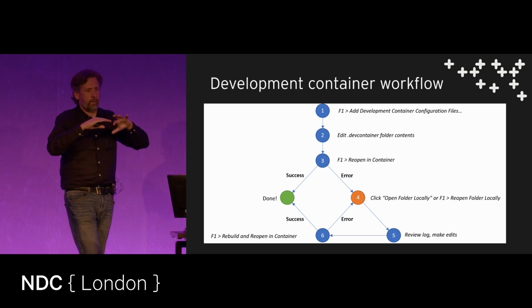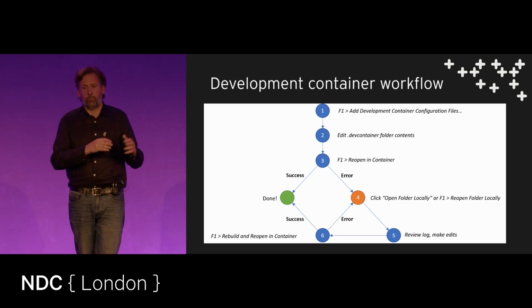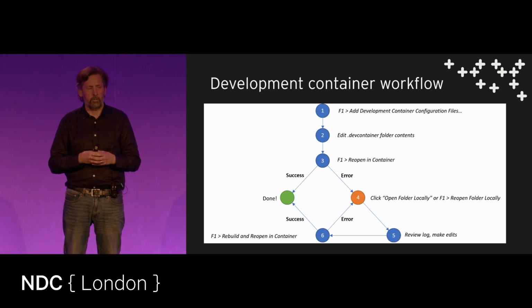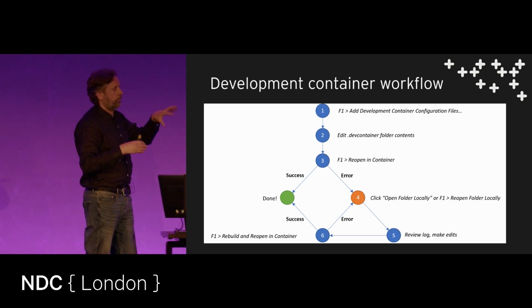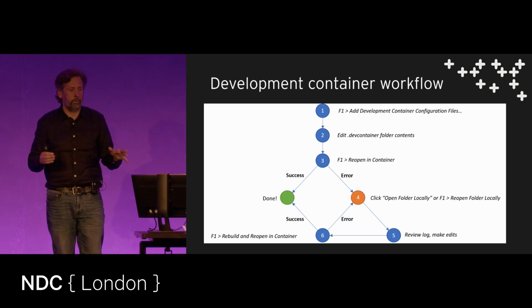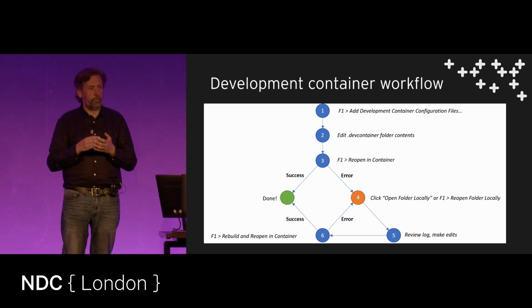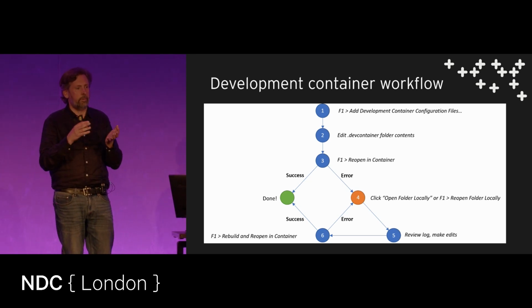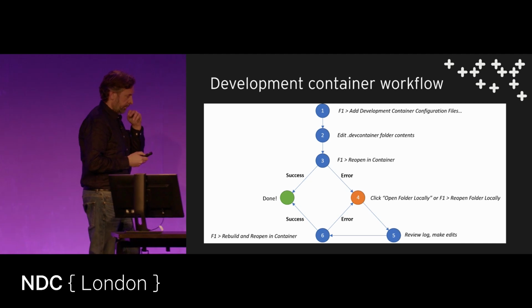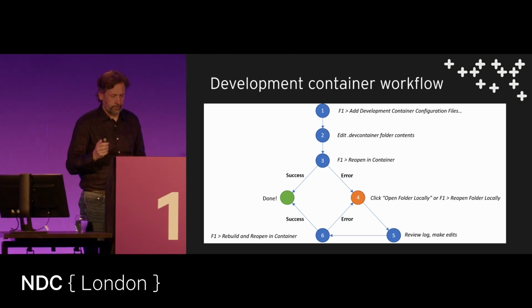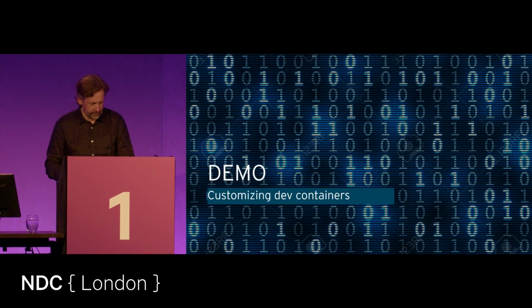Once this environment is stable, you typically won't touch that file much going forward. But when you start up a new project and you want to create this environment, then you typically have this loop where you open it up, you create the file for the first time, and then you run the environment, then you make changes to it, and then you rebuild that container and reopen it. I will show you how that actually works in another demo.